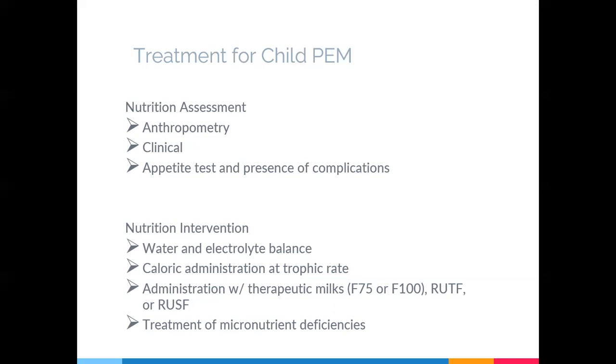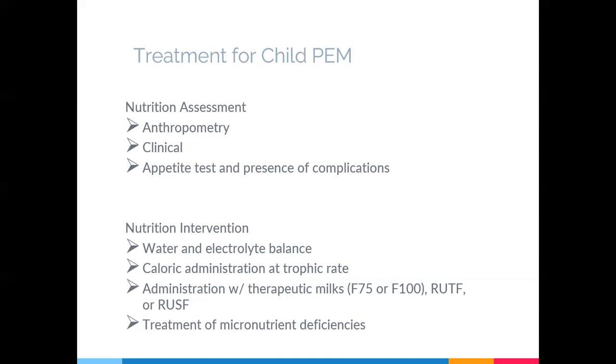Okay, and inpatient treatment, usually ang form sa food nga ginahatag is not your regular food item, but your therapeutic milks, which are either F75 or F100. So F75 is 75 calories per 100 ml.